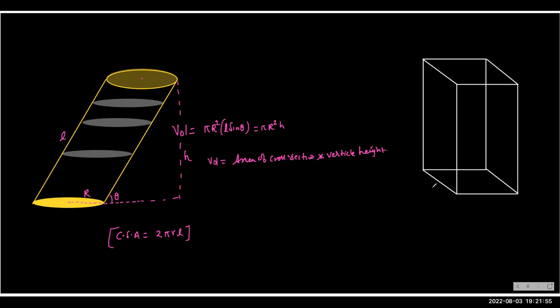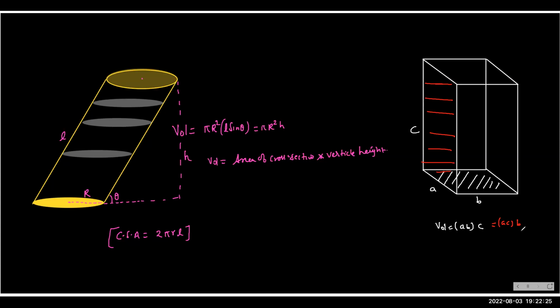So if I have a cuboid, there are many ways I can write the volume. If I choose this as a base, what is the area? AB. And what is the height? C. But if I choose some other surface as the base, what is the area of the base? AC. What is the height? B. Do you realize something?